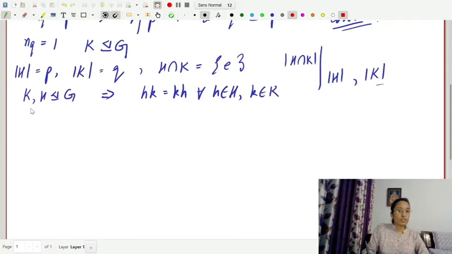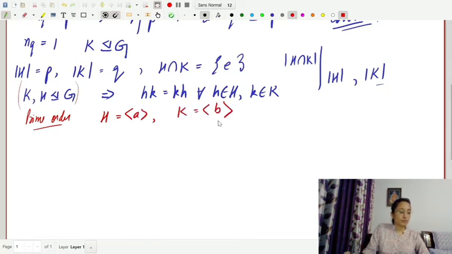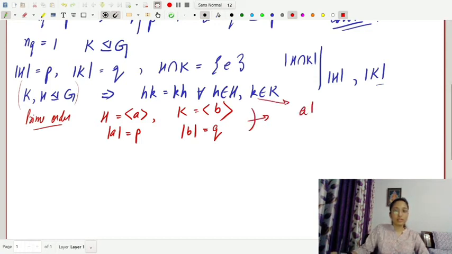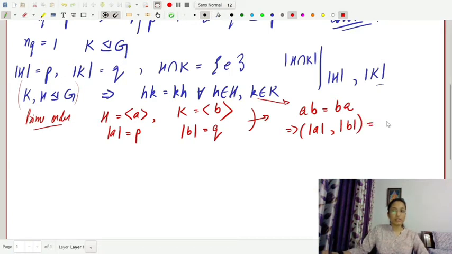Now, since these groups are of prime order and prime order groups are cyclic, therefore we assume that H is generated by A and K is generated by B, such that order of A is P and order of B is Q. We also have by this condition that AB is equal to BA, which in turn implies the GCD of order of A and order of B, that is P and Q, is 1.